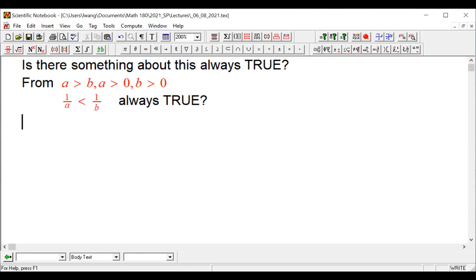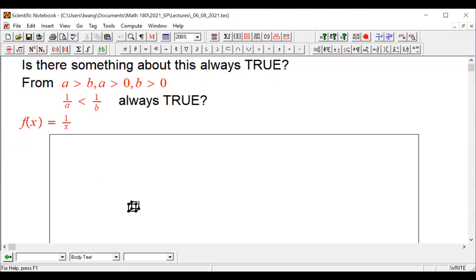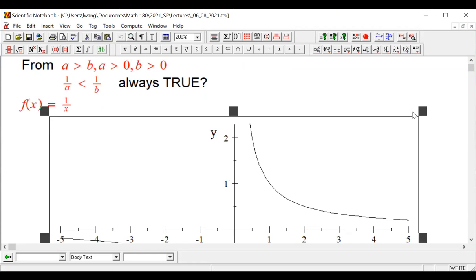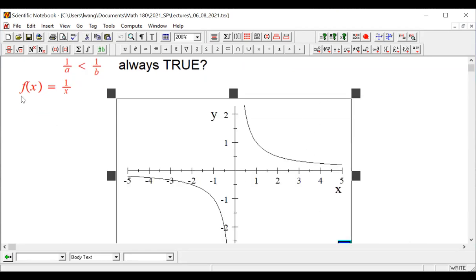I want to give you a perspective. This perspective I want you to see is related to the function f of x. It's a very important function. You're going to be using this function in calc, in its various forms. On this function, we studied it, we graphed it.